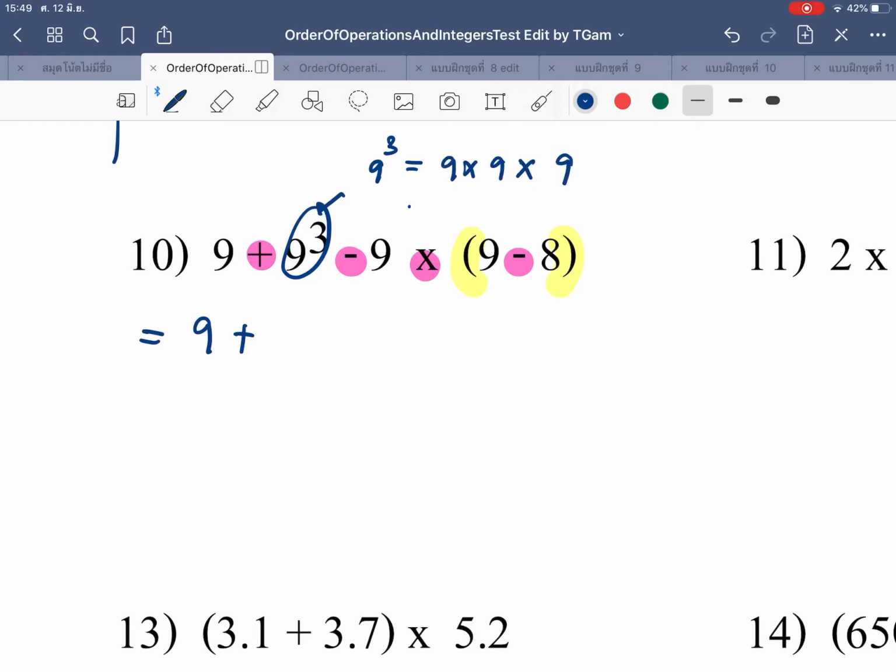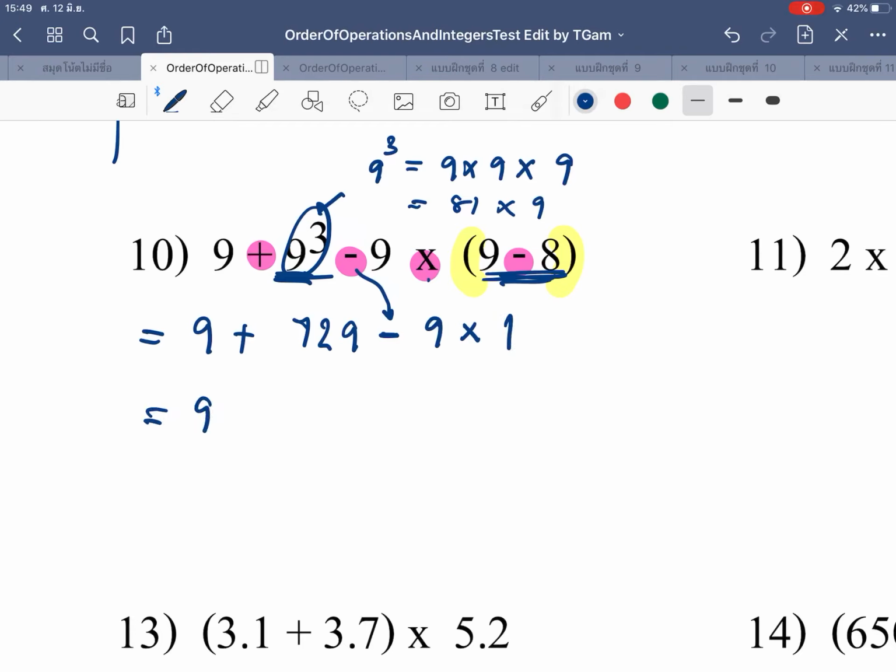So 9 times 9 is 81, times 9 is 729. You can do this and this at the same time.